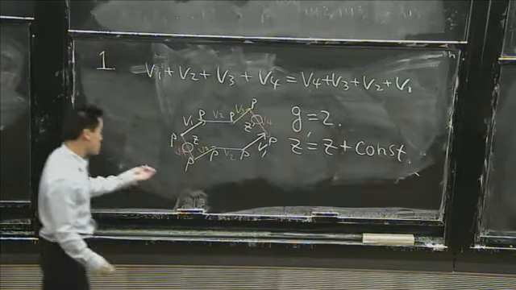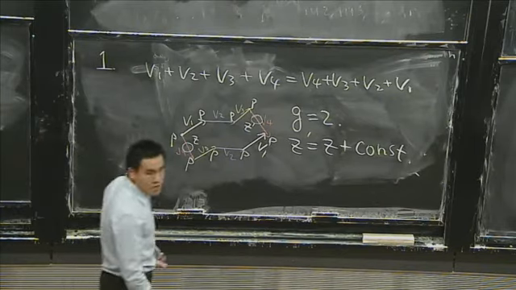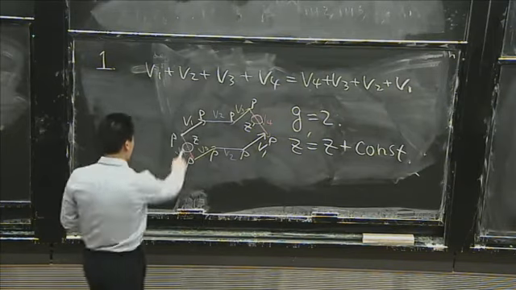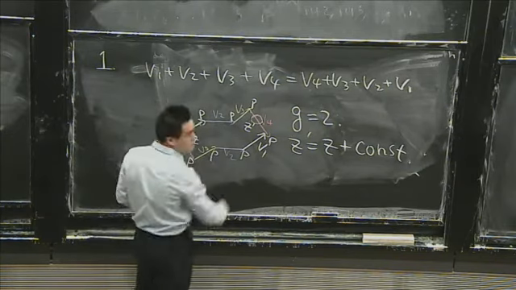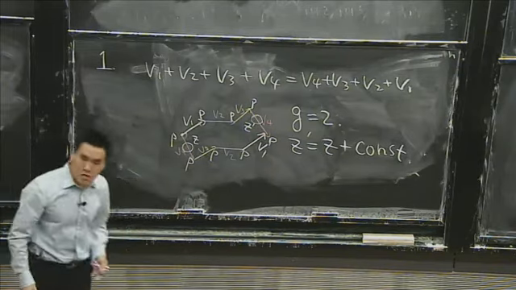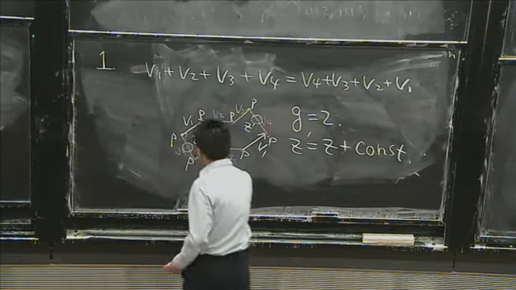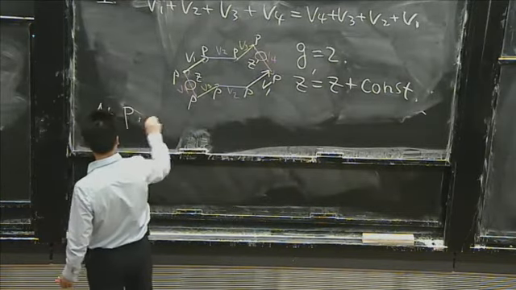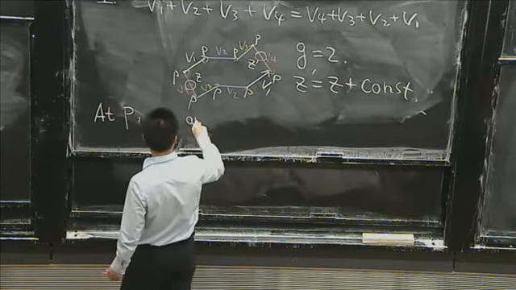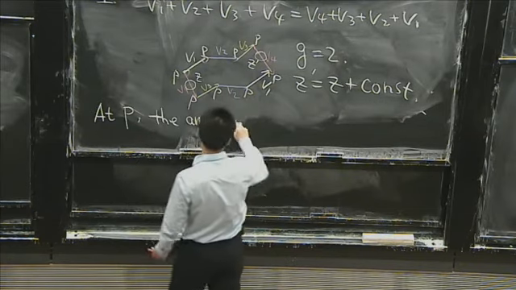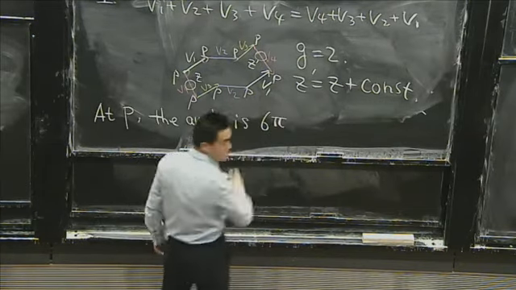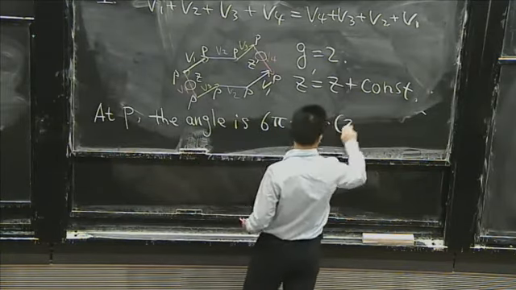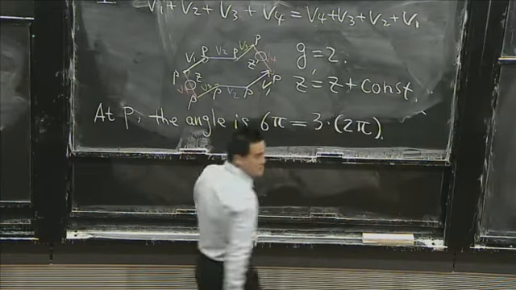So transition functions are affine translations away from P. At this point P, if you count the total cone angle at P, you can see the angle around P equals 6 pi. I'll write down another amazing equality. 6 pi is 3 times 2 pi. I'll use it later.